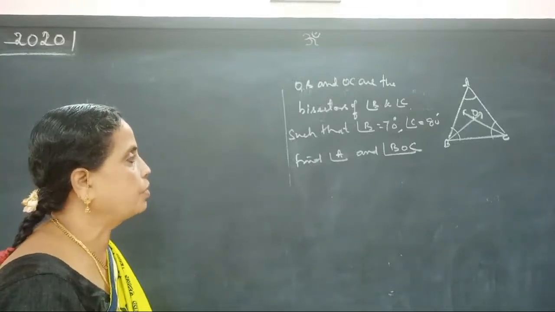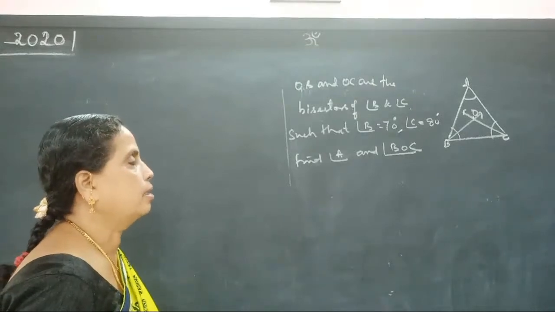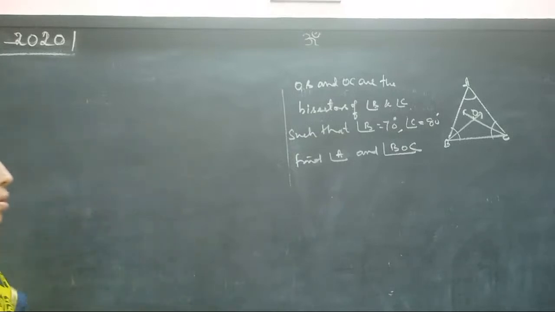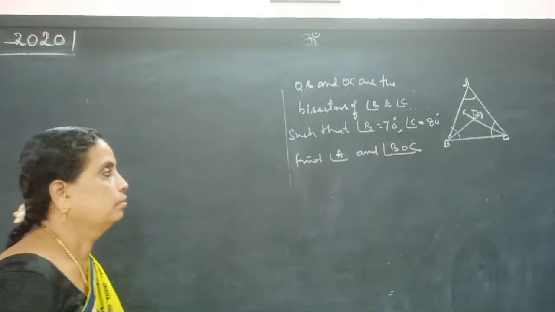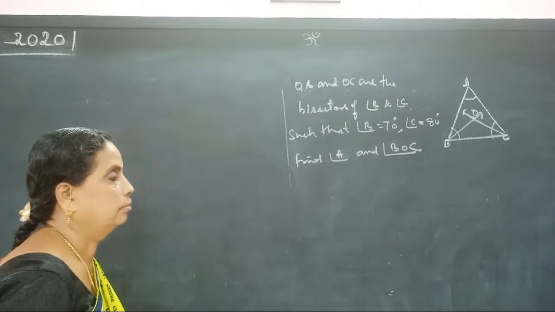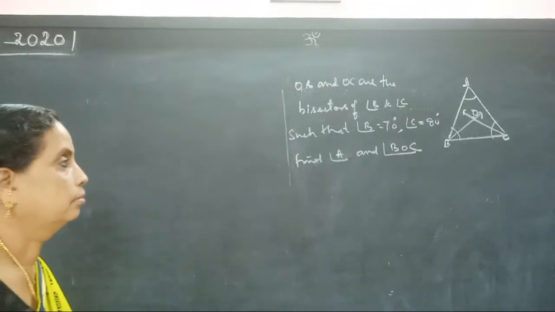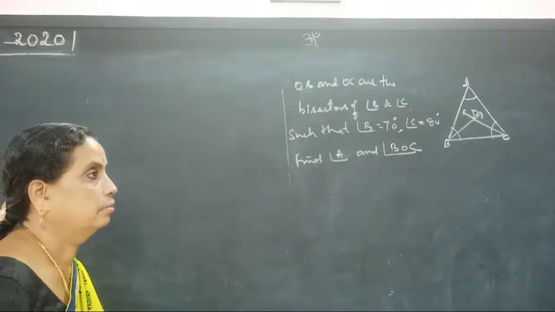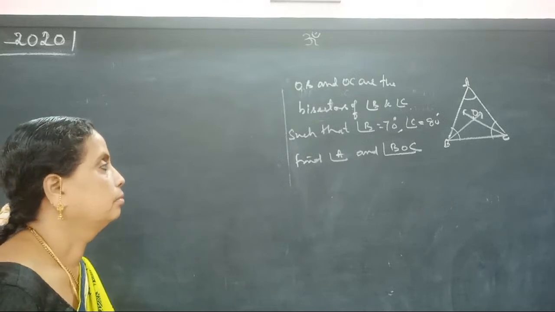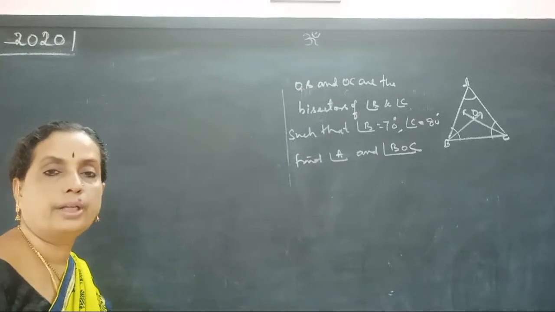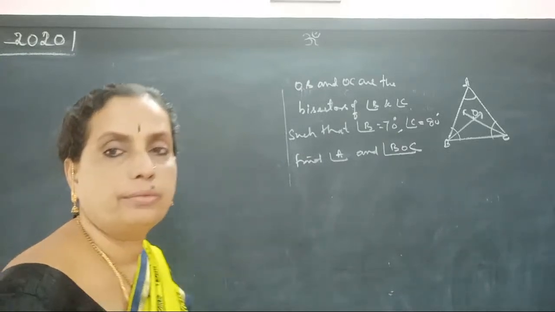OB and OC are the bisectors of angle B and angle C. Okay, shall we do it now?